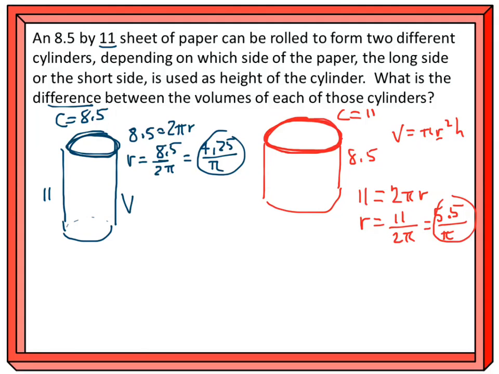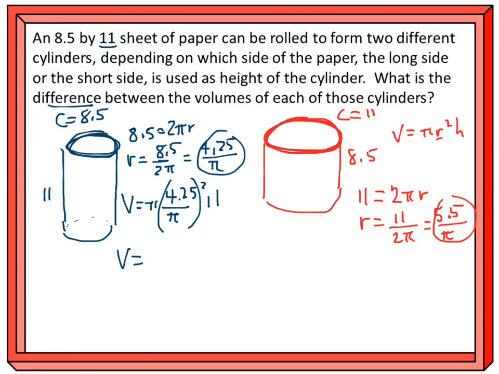So now we can put the pieces together to find the volumes of each of these. On the left here, the volume is pi times 4.25 over pi. I'm going to square that and multiply it times the height of 11. Okay, so when I do this calculation, the pi is going to be squared on the bottom, but it's going to cancel out with one of these pi's here.